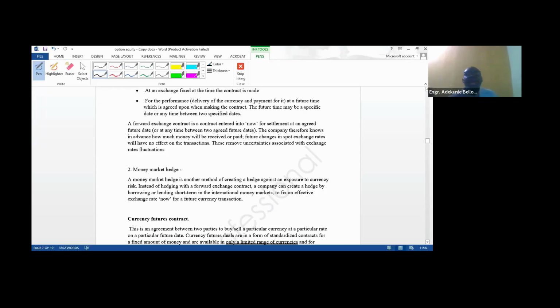This implies that the company knows in advance how much money it will receive or pay. With forward contracts, the company can determine in advance how much naira to be paid or to be received.